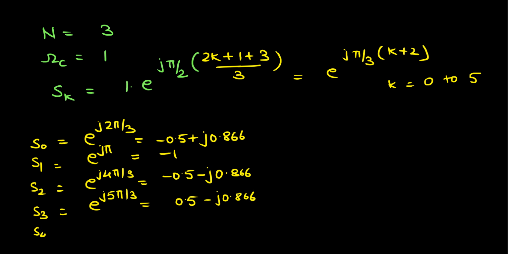Then s4 is equal to e to the power j 2 pi, which is equal to 1, and s5 is equal to e to the power j 7 pi by 3, which is equal to 0.5 plus j into 0.866.